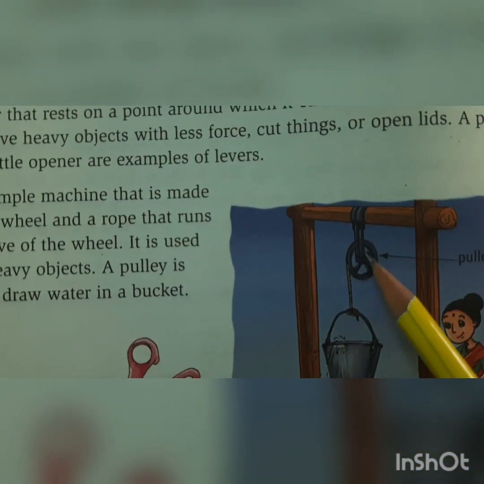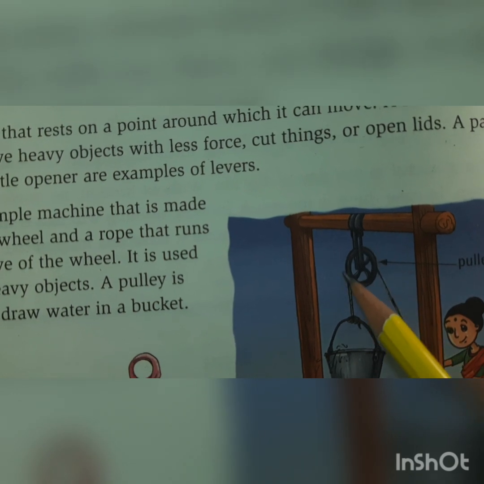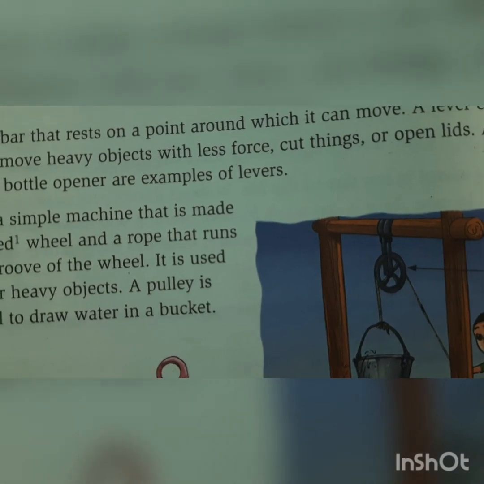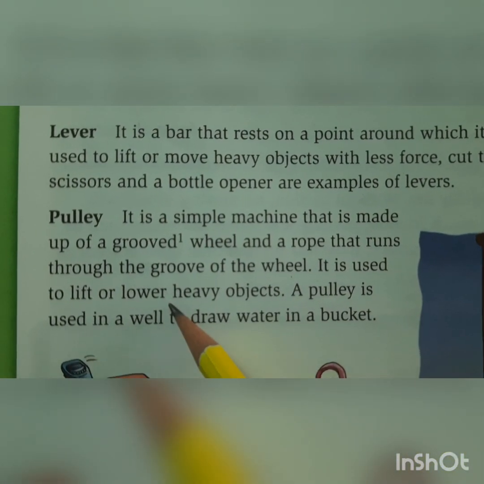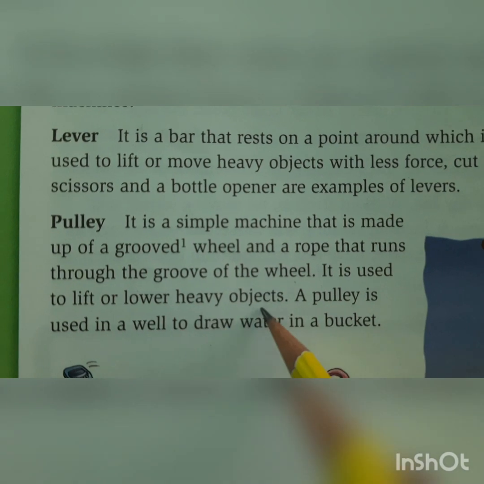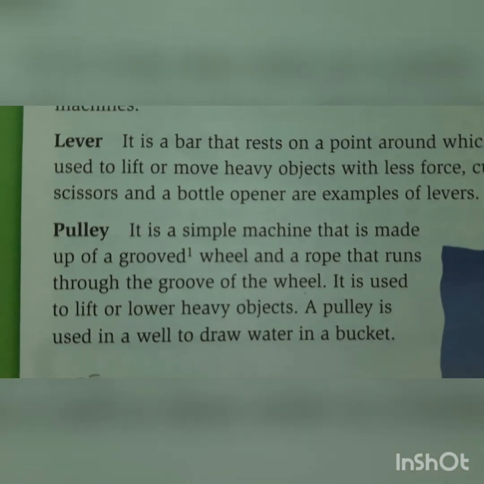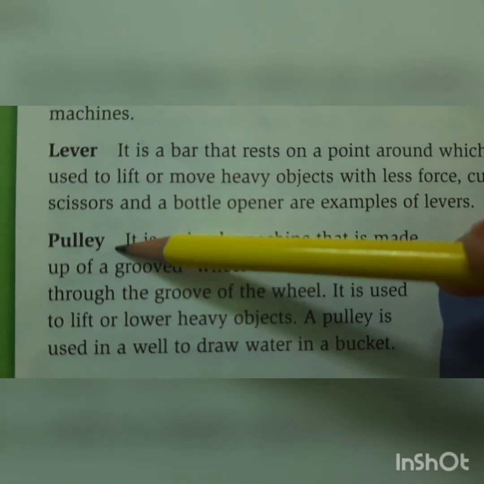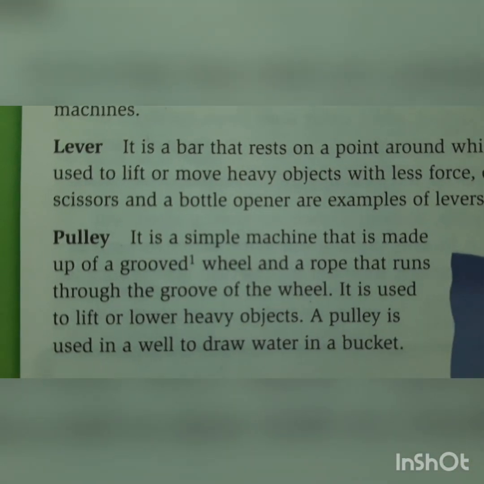This cutting on the wheel, so that the rope can easily move, is known as the groove. It is used to lift or lower heavy objects. A pulley is used in a well to draw water in a bucket. So a simple machine, the pulley, is used to draw water from the well.